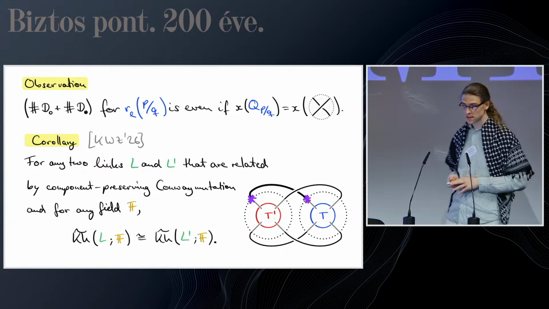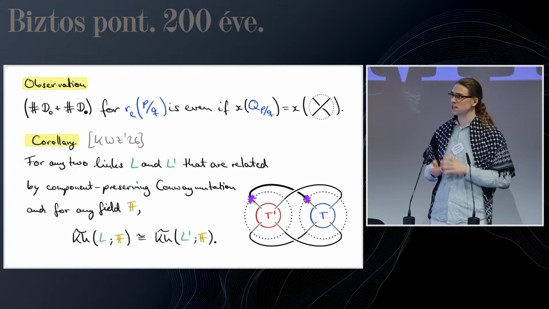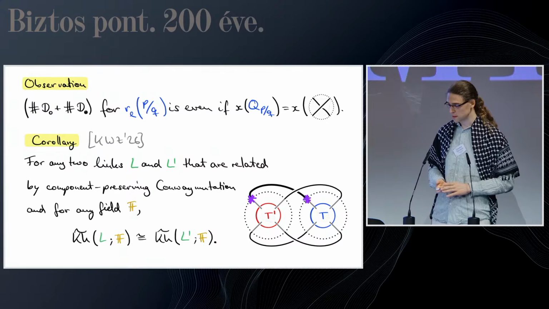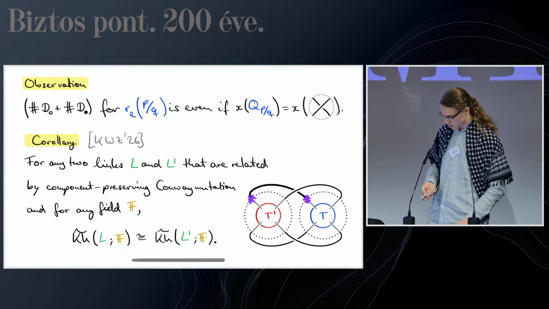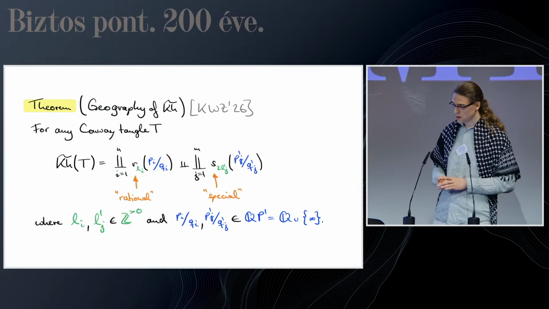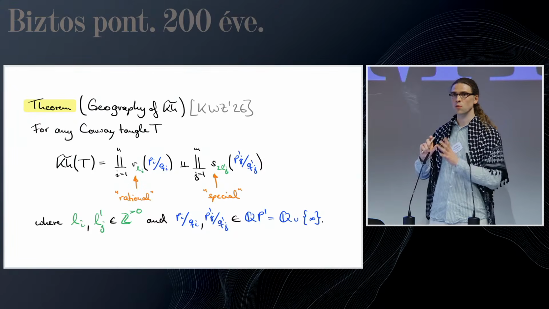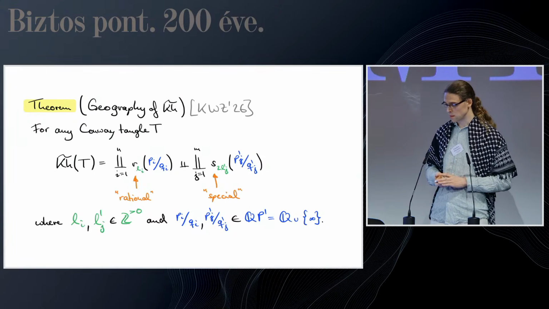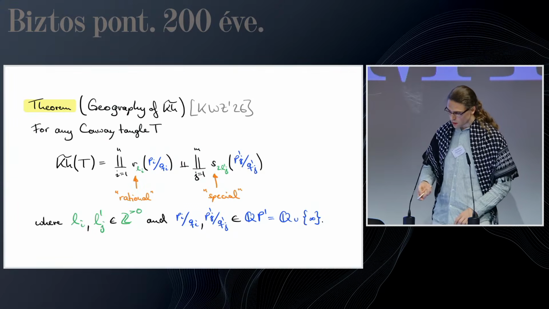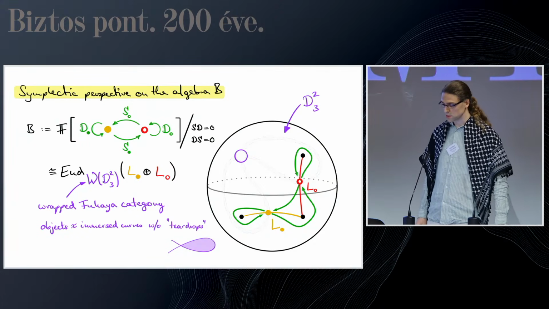Okay, so it remains to say a few words about this classification result. That was the key ingredient to this proof that I've presented. Okay, so why does the Khovanov invariant only see this very small part of the Fukaya category that these invariants could live in? Well, we go back to this perspective on this Bar-Natan algebra.